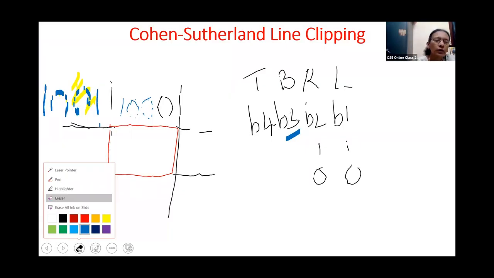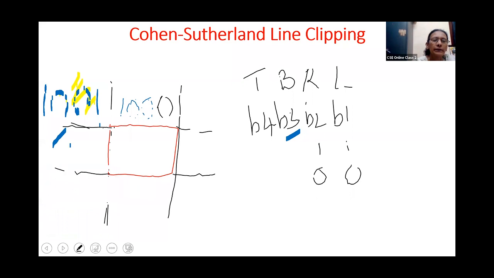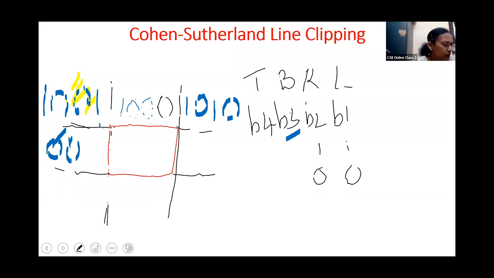What about for this region? 1010. So this region is 0001. This we have written as 0000.